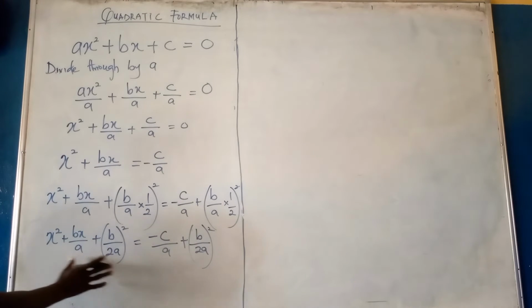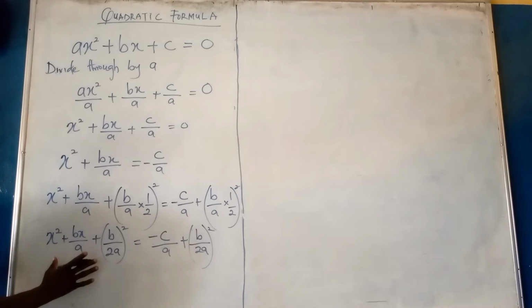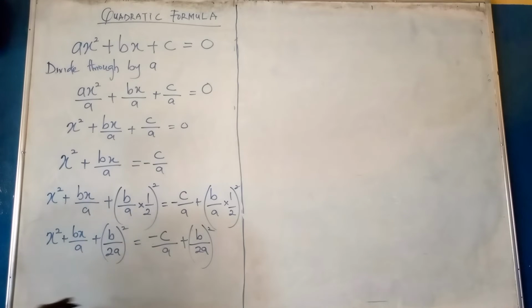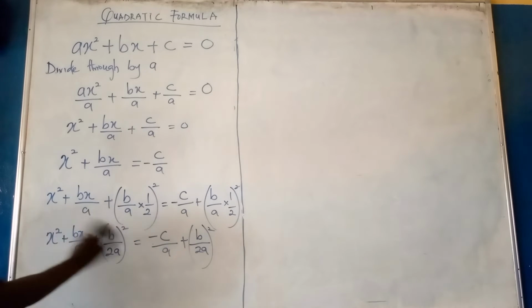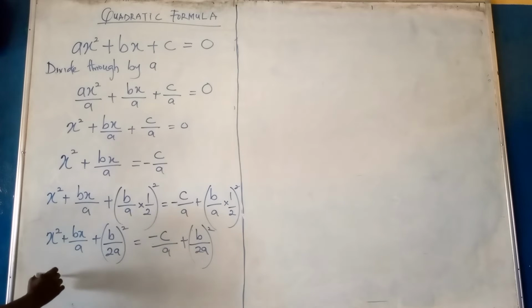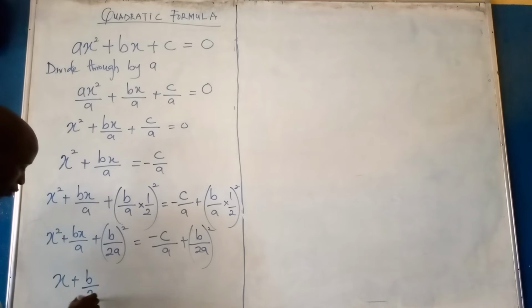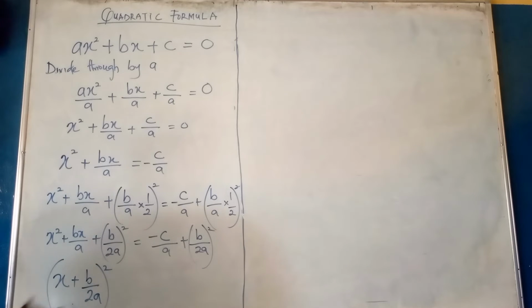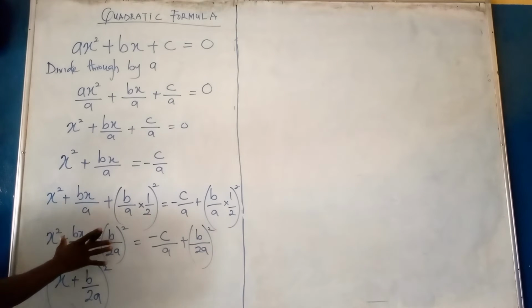So this is already a perfect square. By the time we bring them together, we're going to have x plus b over 2a all squared. By the time you expand this, we're going to have exactly what is here.